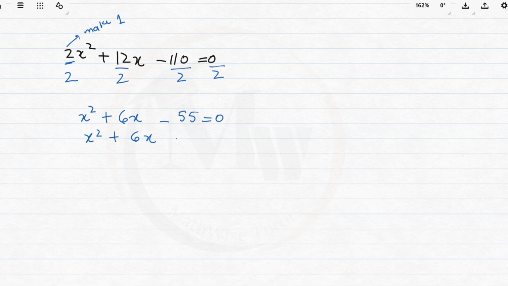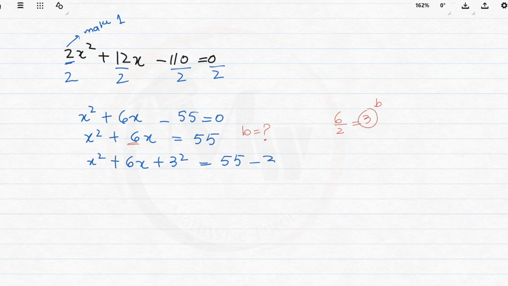So same thing, we take 55 first on the other side. Second, we have to make b. For that, take the coefficient of x, divide it by 2, and we get the value 3. So 3 is the value whose square we need to add on both sides. So x square plus 6x plus 3 square on this side is equal to 55 plus 3 square on the other side.